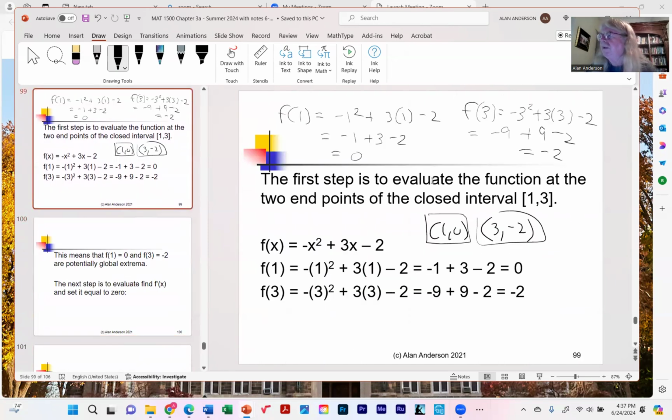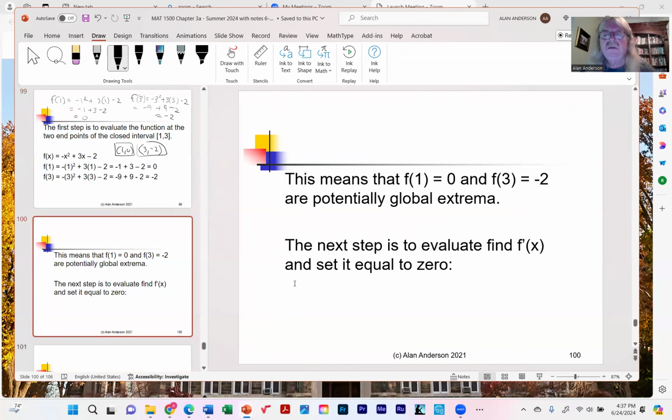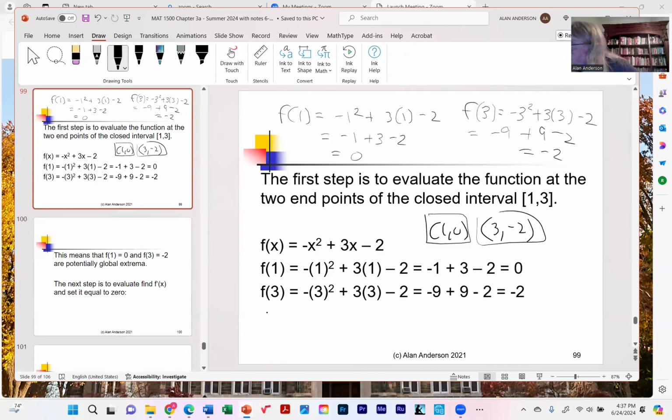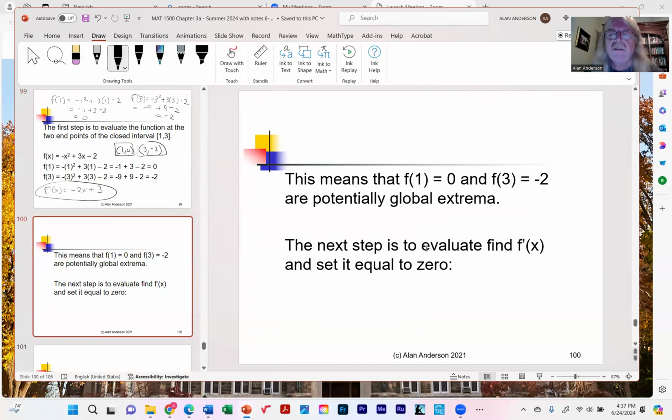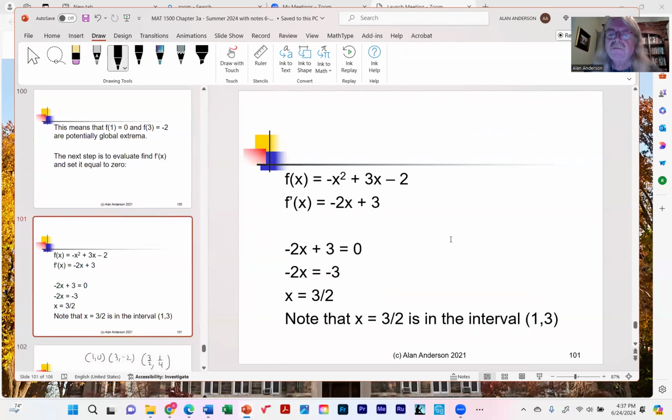Now, the first derivative of this function based on the power rule is minus 2x plus 3. Okay, so what we're going to do is set this equal to 0 and find the points where the tangent is a horizontal line.